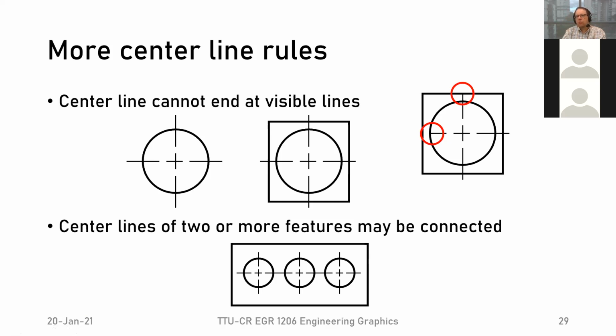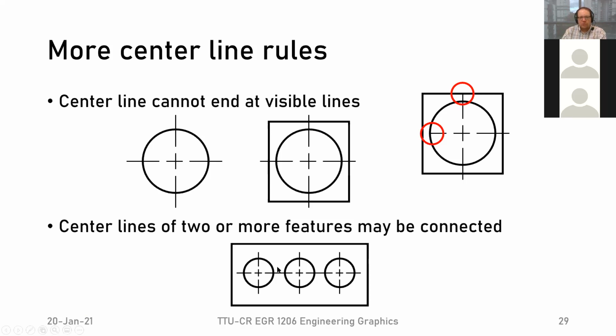And the reason why we don't want to have these long dashes end on the visible line is the same problem as before, because we might mistake them then as visible lines, especially if we're doing it by hand and the thickness is not so different. Right here, we could probably see that the thickness is sufficiently different that we could figure it out.